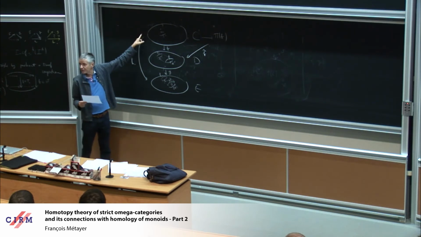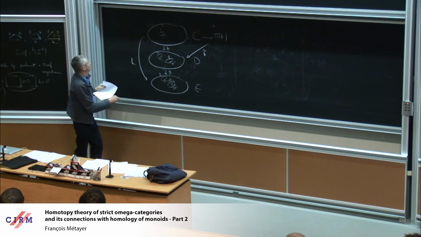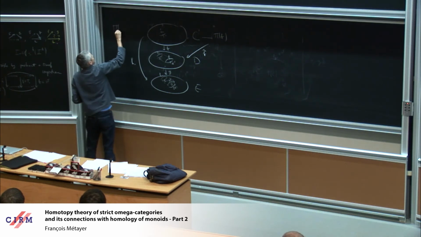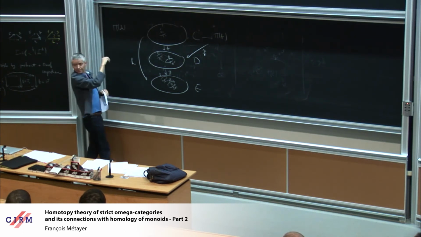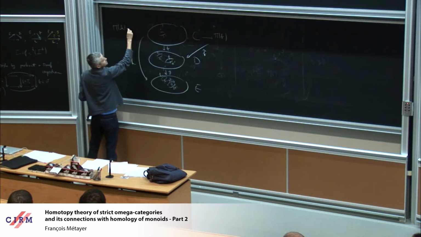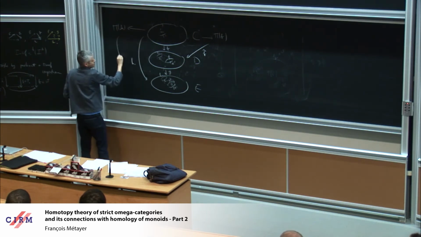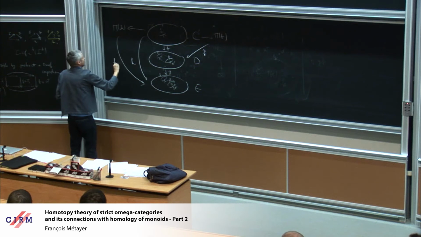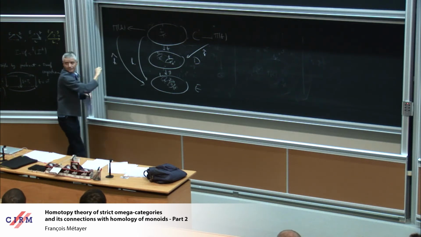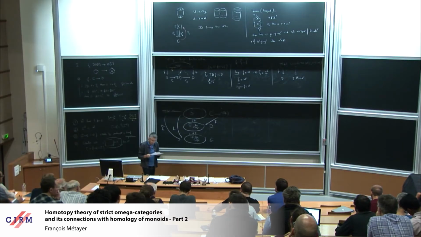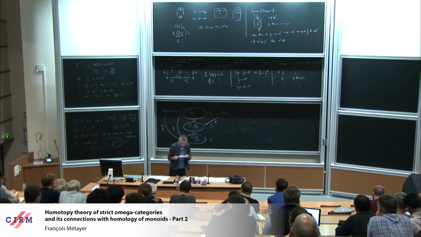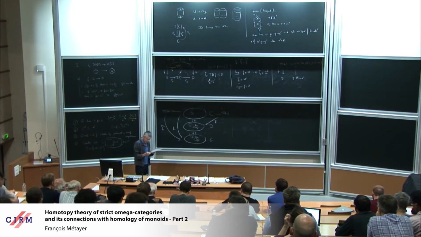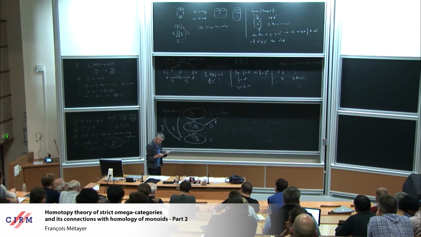But now H itself is a trivial fibration. Okay, so you have pi H is here, like this. H itself is a trivial fibration, so that gives you a cell.